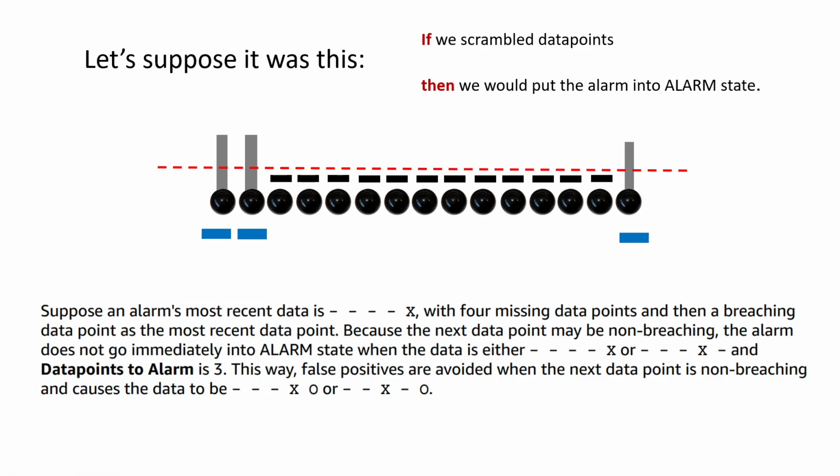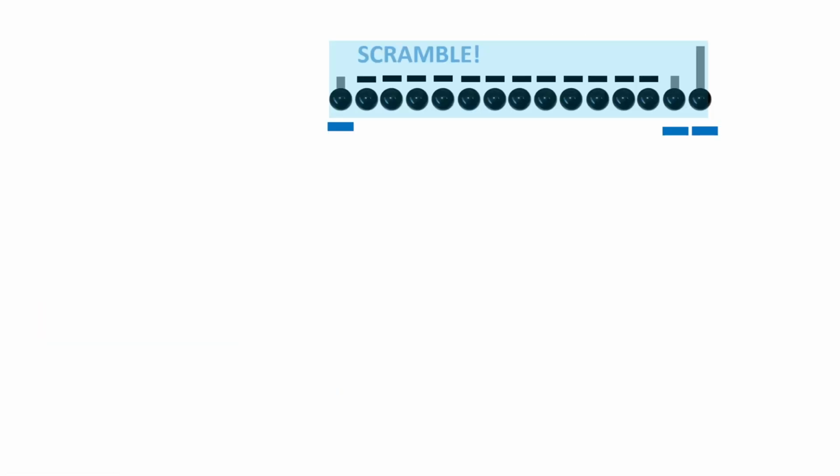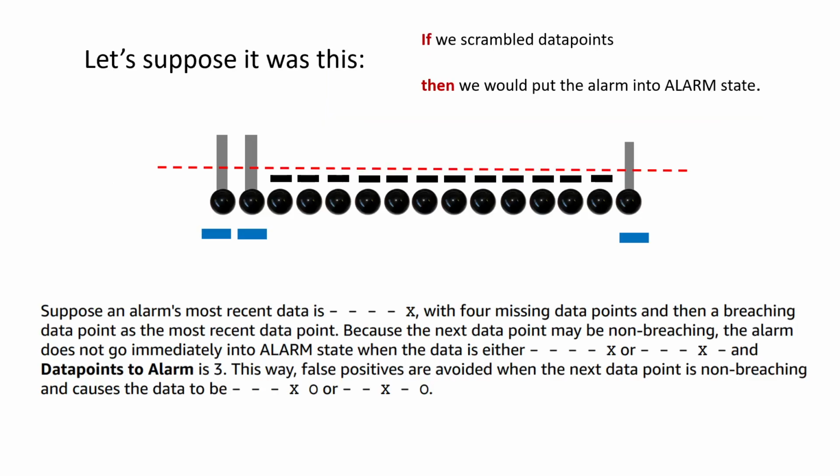So they put this logic into the alarm to make it such that if you have a kind of blank canvas of no data and the almost most recent data point is a breacher, we're actually just going to hold back and not go to alarm state. But anyhow, they comment on this kind of situation.